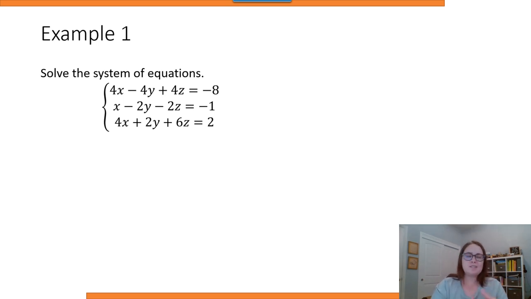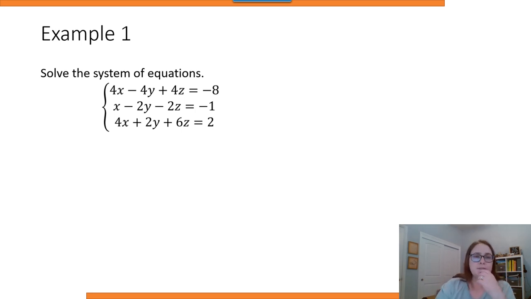So if I, for instance, look at this and say, I'm going to eliminate the x's by adding the first two equations, then I would go and eliminate the x's again by adding a different pair of these three equations. So you have to pick, okay? As long as you're consistent with those first two, then you'll be fine. What this will result in is a system of two equations with the same two unknowns that we can then solve just like we did in the last section.